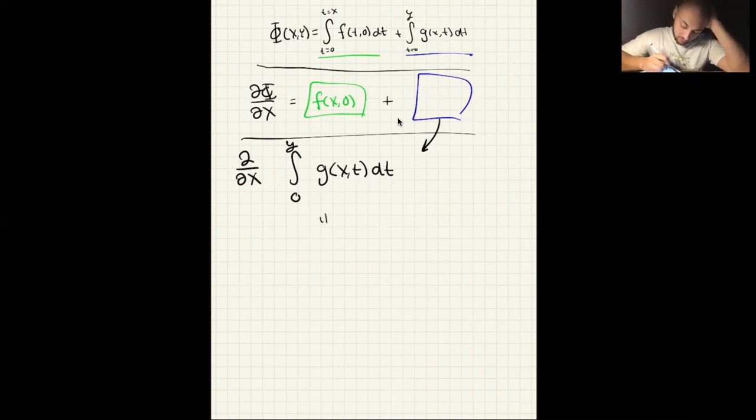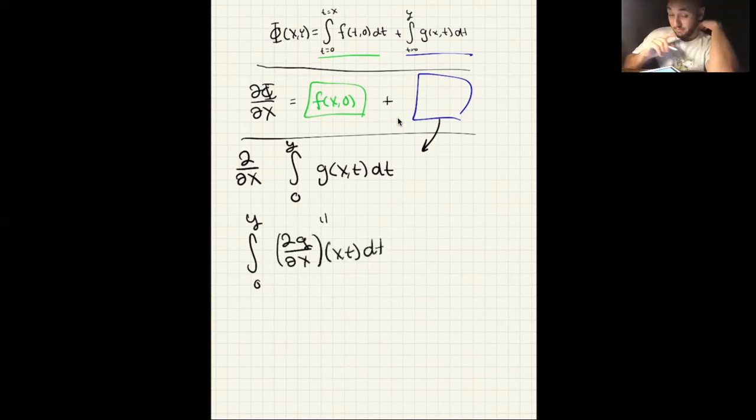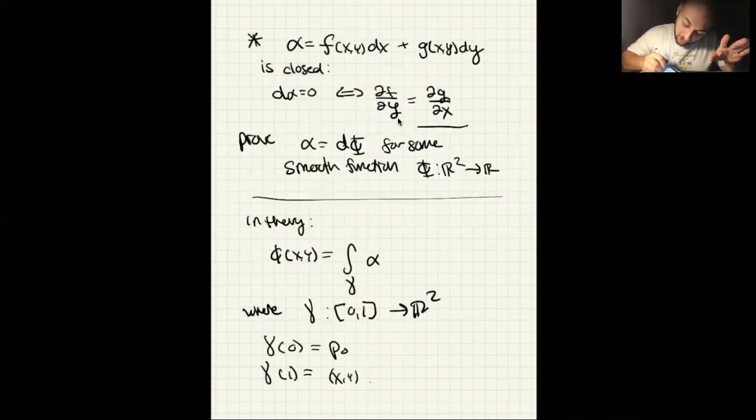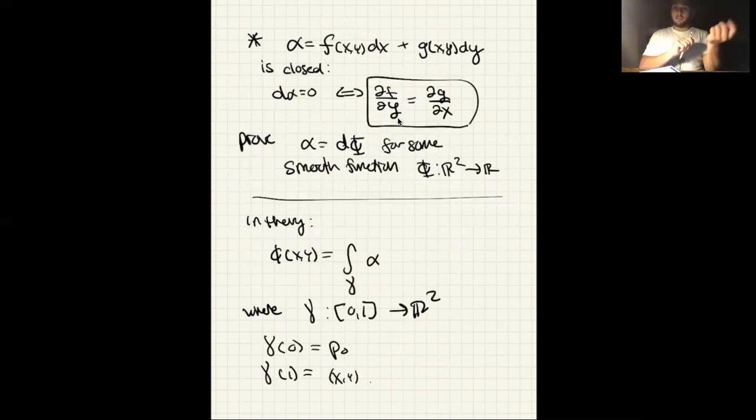This is going to be equal to the integral from 0 to y of the partial of g with respect to x, at the point (x, t), dt. But this is really where we get to use the closed property. The closed property said that if I have an x derivative of g, I can replace it with a y derivative of f.